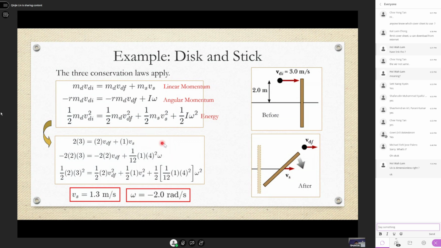In this case, three equations, three unknowns. But they ask for your V of the stick and your omega. The third unknown is your V of the disc final, that means the velocity of the disc after collision. You can also find that out, it is not shown here.